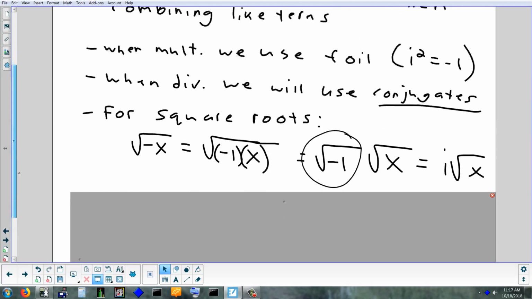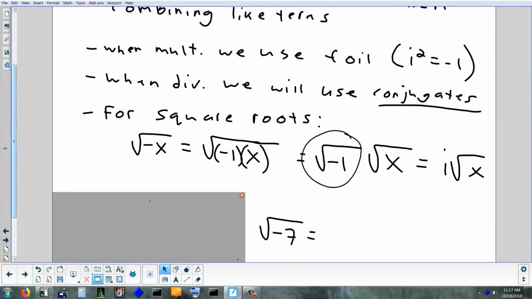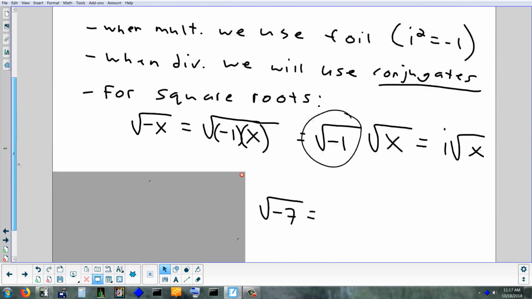Okay, let's look at an example. Let's try the square root of -7. Anyone think they could tell me what that would be following the pattern up above? Yeah. 7i.